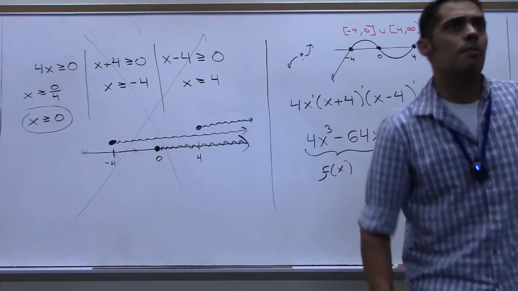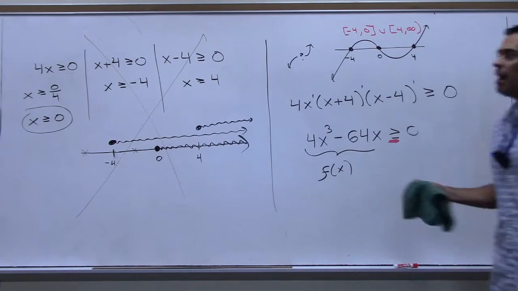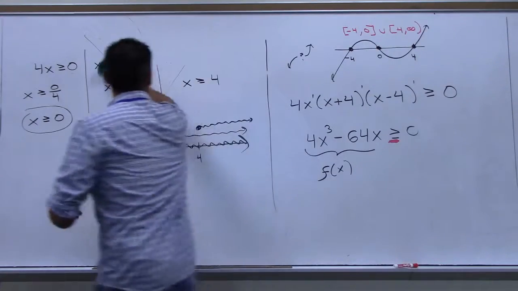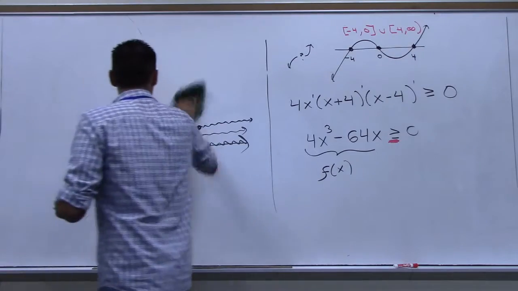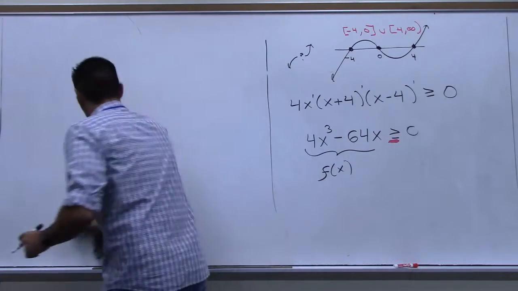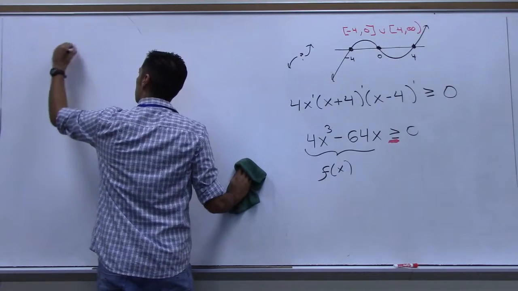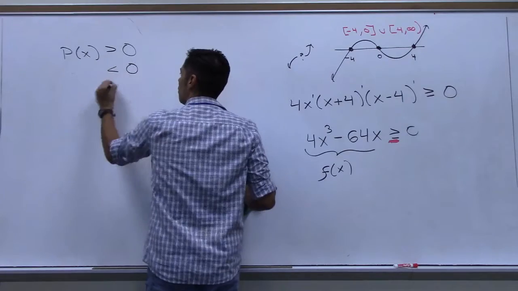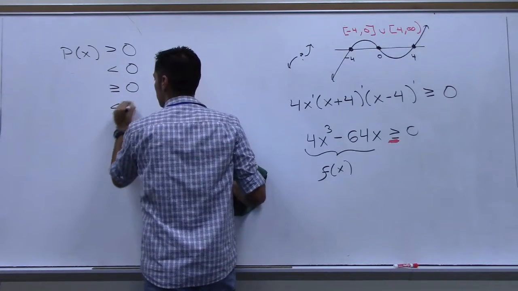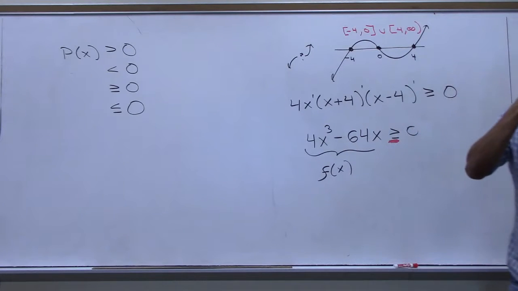Polynomial and rational inequalities. If we are ever trying to solve any of these inequalities, so you have a polynomial function greater than 0, or less than 0, or greater than or equal to 0, or less than or equal to 0. There's 4 possibilities, right? Then we're going to use the following method.